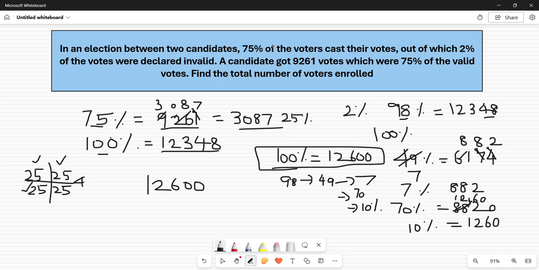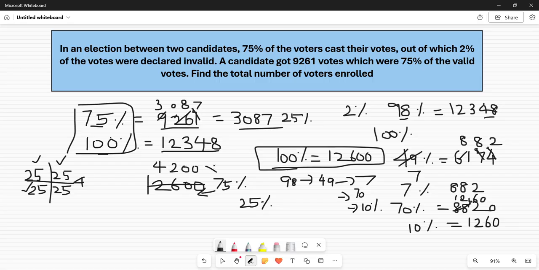Still, 75% of voters casted their votes. 75%, they are the ones. So 25% did not. So again, it goes to the same pattern. So divide this by 3, 4,200.